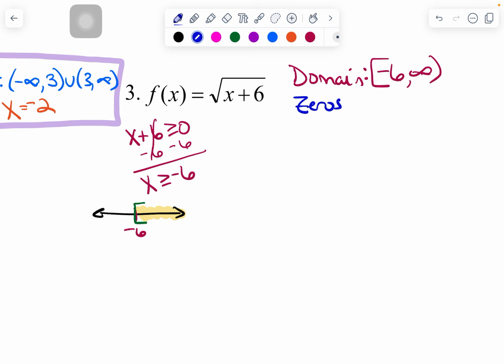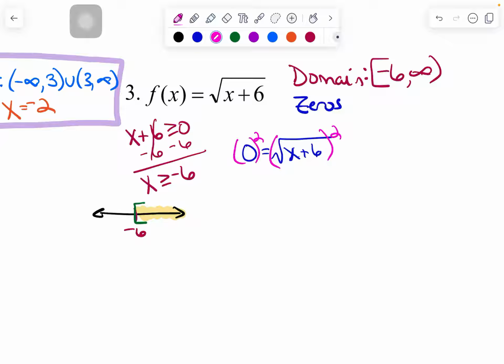And then for our zeros, we're going to take this expression and set it equal to 0. So 0 is equal to the square root of x plus 6. To solve this problem, everything in math has an inverse operation. The inverse to a square root is going to be to square both sides.